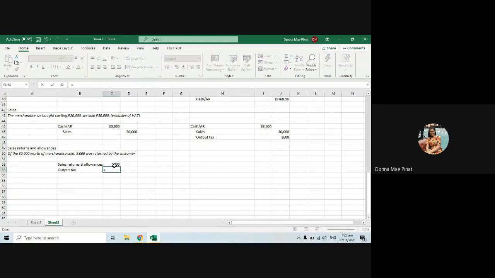And your output tax is 5,000 multiplied by 12%. So, ang imo accounts receivable, or kung nakadawat kag ay kinahanglan ka mag-refund, so naghatag kag refund, cash.